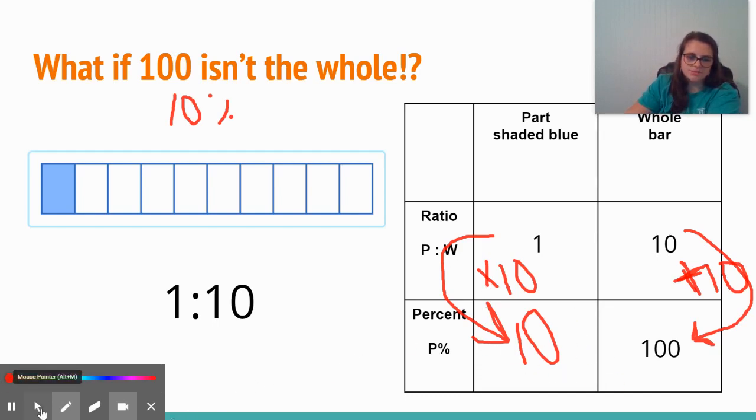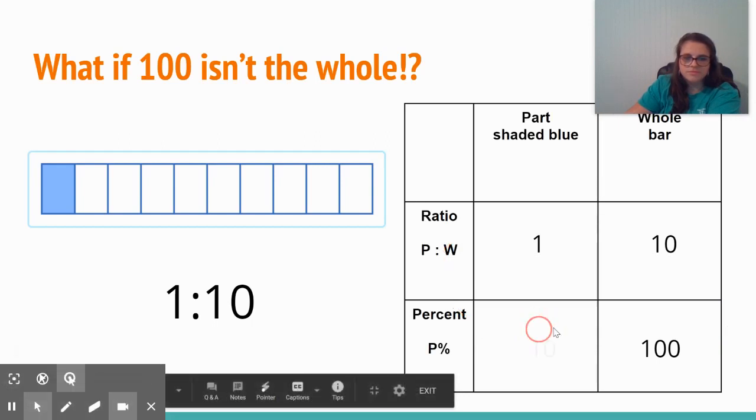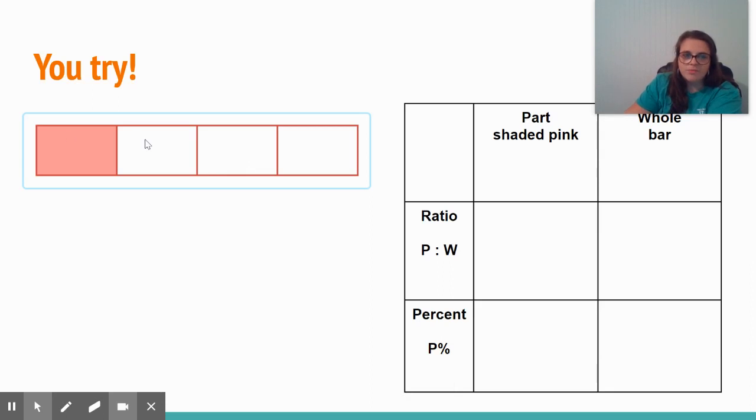Let's look at another example. Right here, we have another bar and we have another piece shaded. Right now, I want you to write the ratio for this bar, the amount shaded compared to the whole.